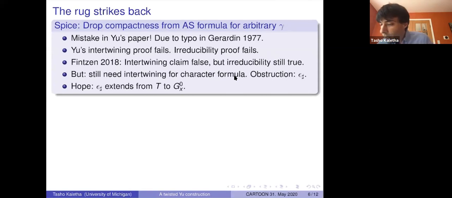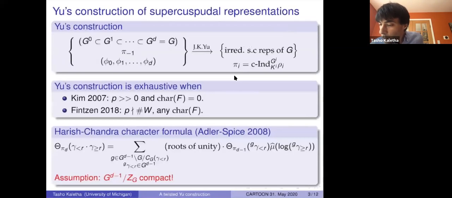Now, this is the first time the point x comes about, so let me just mention, the point x is secretly part of the Yu datum because the depth zero supercuspidal representation arises by Moy-Prasad theory from a cuspidal representation over the finite field, and there is a point x whose parahoric group you take and you do reduction mod p and use a cuspidal representation there.